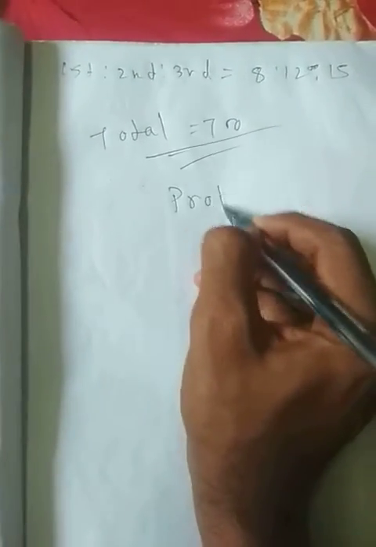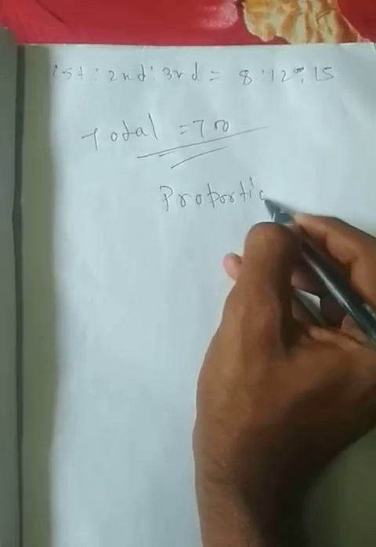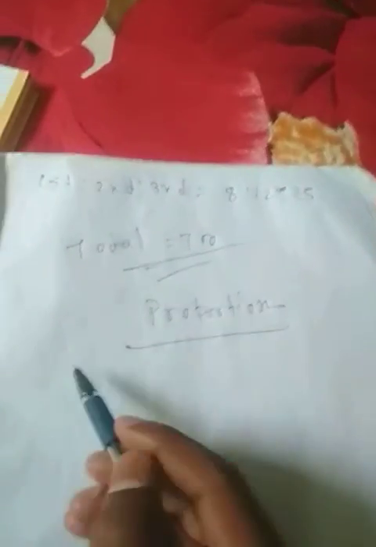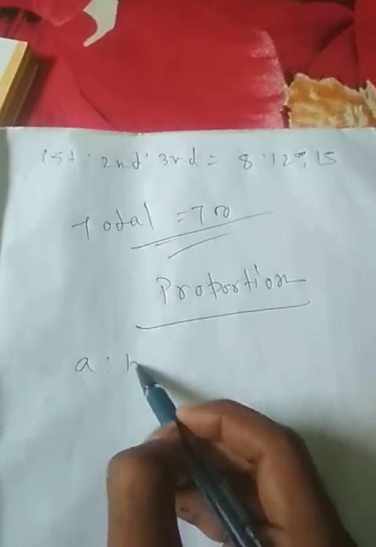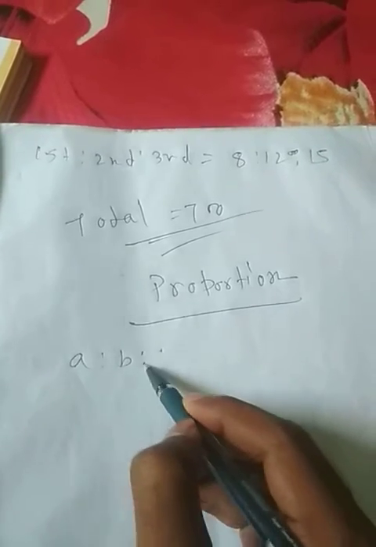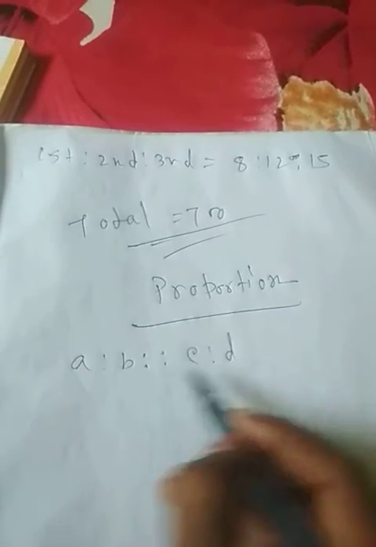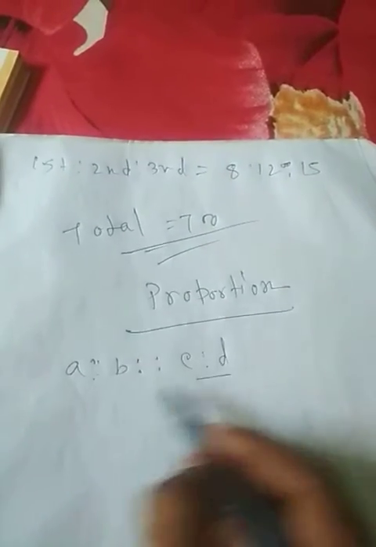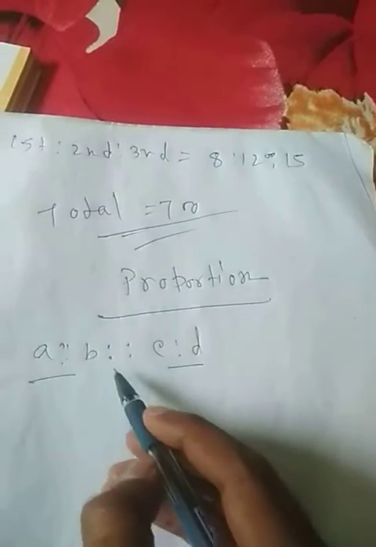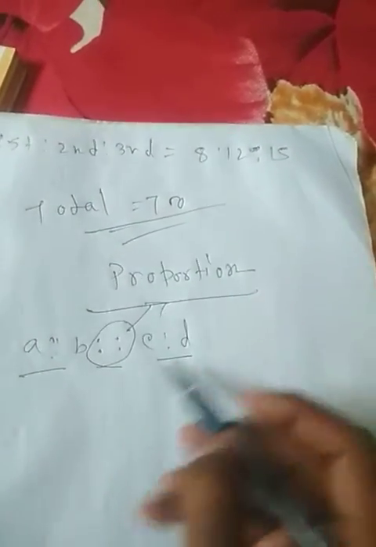The next part is coming, proportion. Proportion is easier than ratio, just you have to understand. Like 4 numbers are there, A, B, C and D. A is to B, C is to D. That sign is known as proportion.